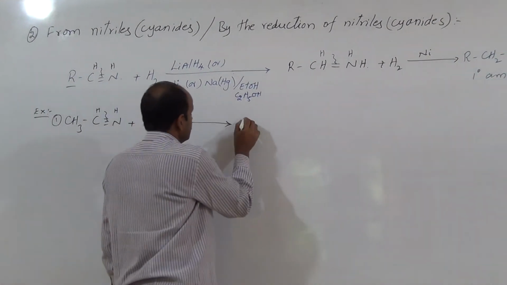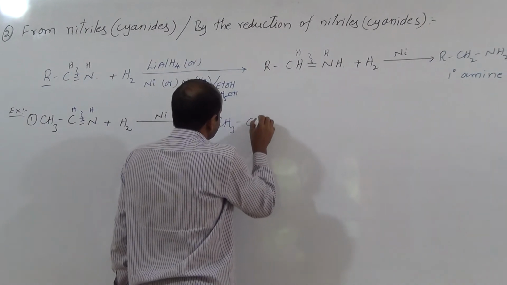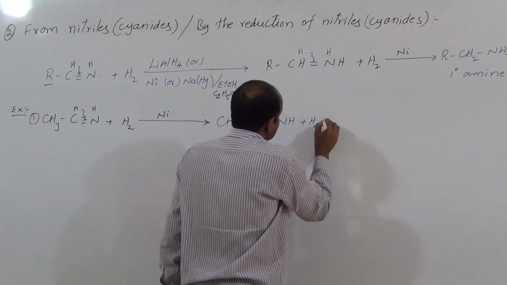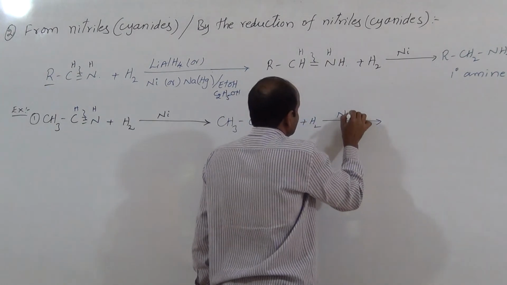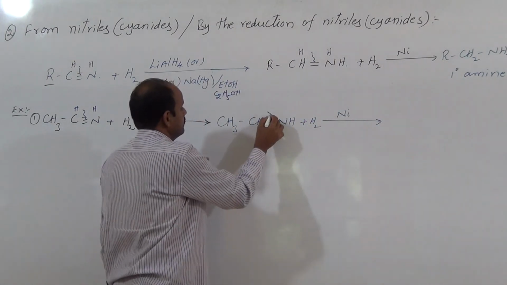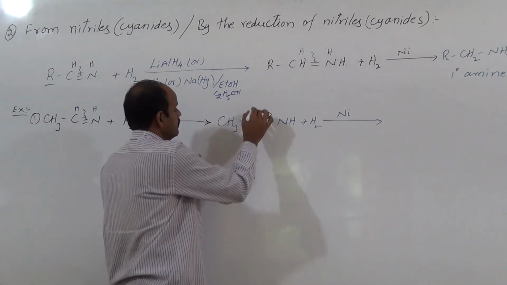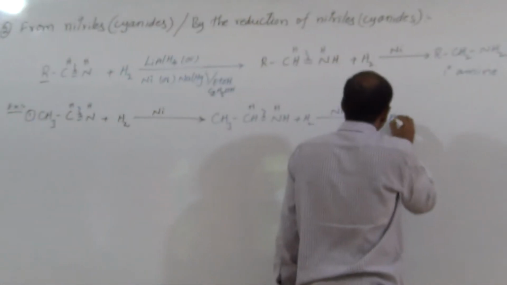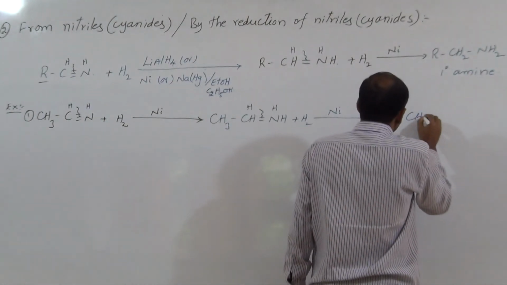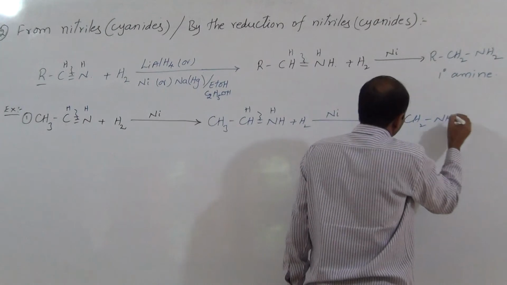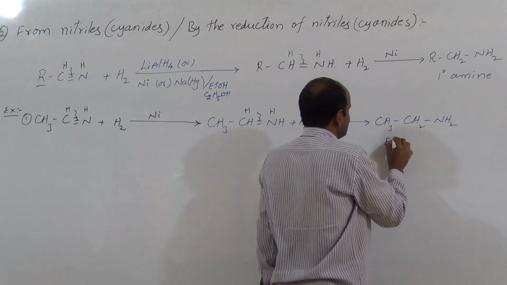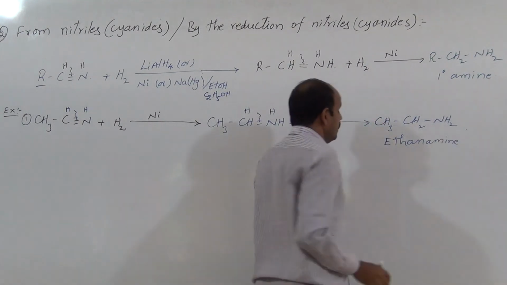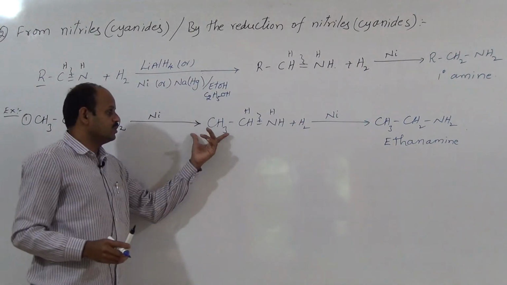Thus we get CH3CH double bond NH. Again it undergoes reduction in the presence of the same reducing agent. Then one more bond will break down, H this side, H that side. Thus we get the primary amine. So this is ethylamine or ethanamine. Okay, thus it involves two steps.